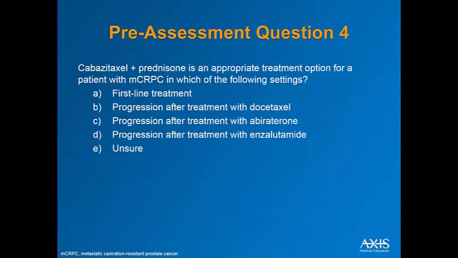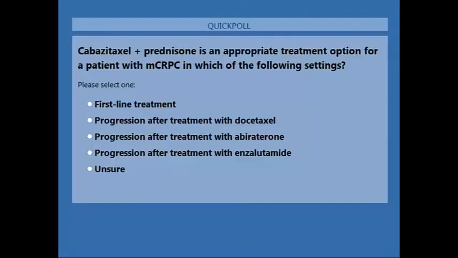It is closed. You can go ahead to question 4. Cabazitaxel and prednisone is the appropriate treatment option for patients with metastatic CRPC in which of the following settings?